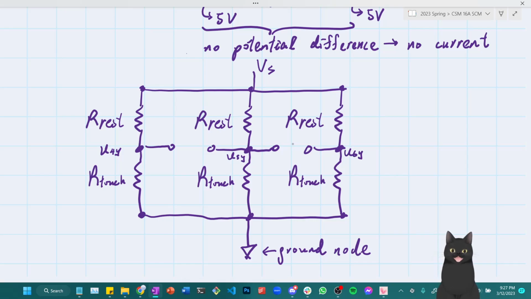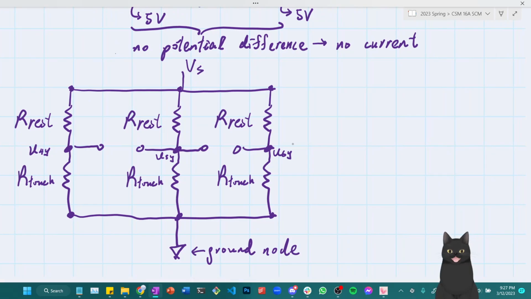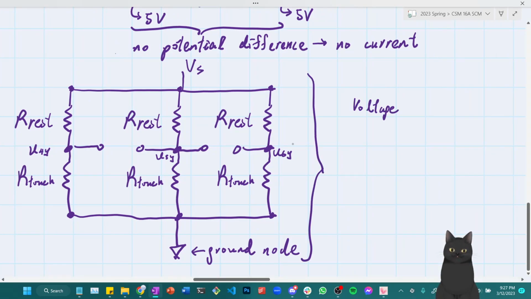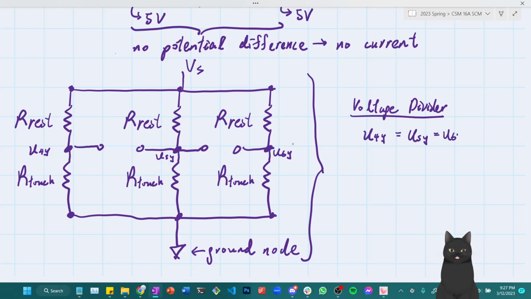Then we already know through the voltage divider knowledge that U4y equals U5y, which is equal to U6y. And that is equal to, once again, Vs times our touch over our touch plus our rest.